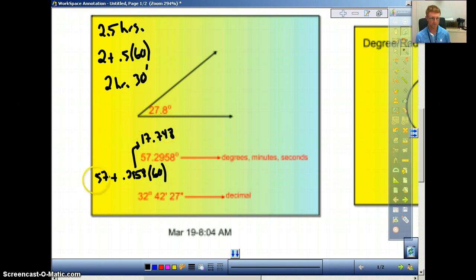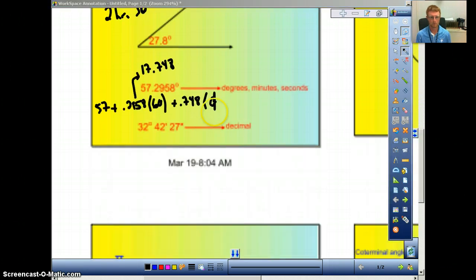Okay, so I know that I have 57 degrees, 17 minutes, but now I got to figure out my seconds by doing 0.748. So it's going to be 0.748 times 60 again, because there's 60 seconds in 1 minute. If you multiply that, you get 44.88.